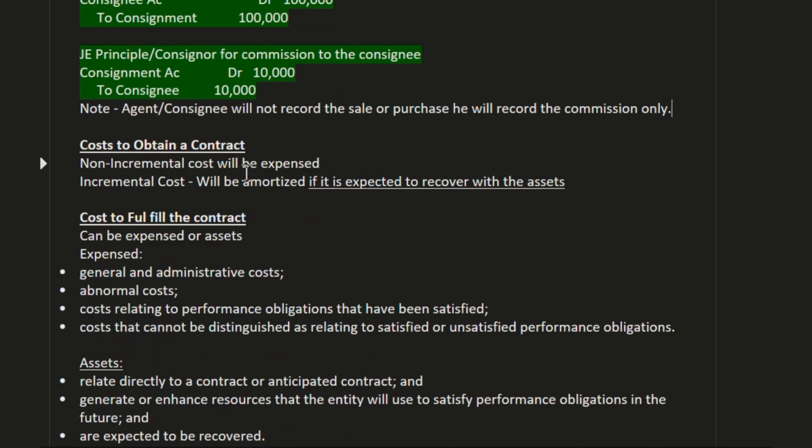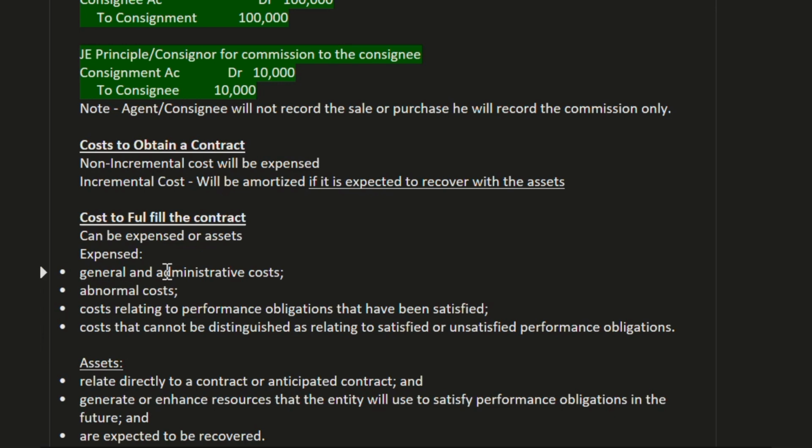Now, cost to obtain a contract: non-incremental cost will be expensed. Incremental cost will be amortized if it is expected to be recovered. Now, cost to fulfill the contract can be expense or asset. Expense: general and administrative cost, abnormal cost, cost relating to performance obligations that have been satisfied, and costs that cannot be distinguished as relating to satisfied or unsatisfied performance obligations.